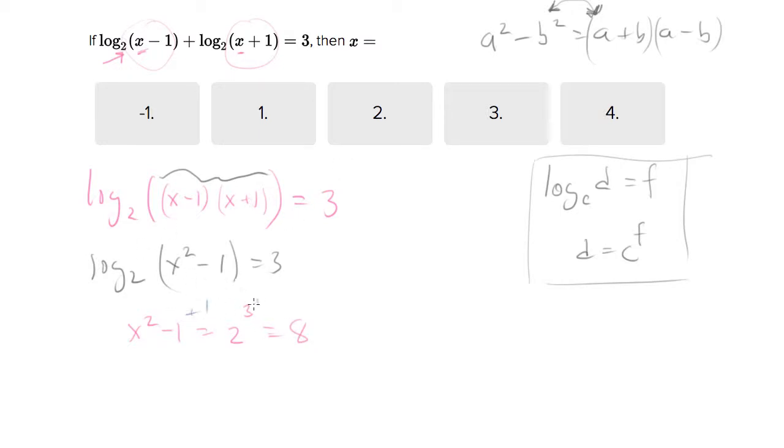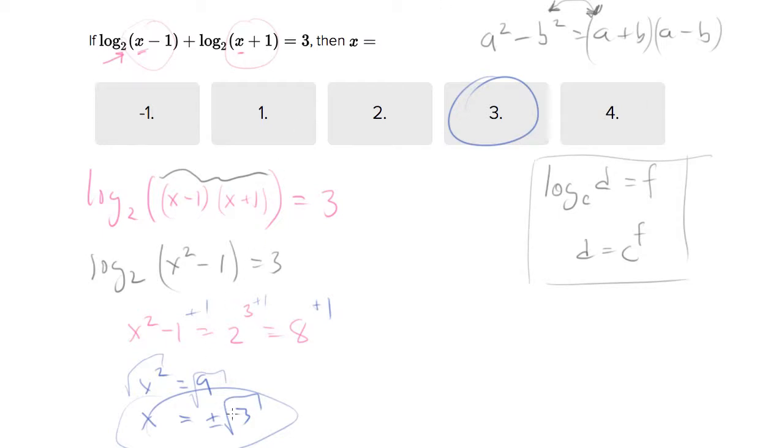Let's add 1 to every side here, and you end up with x squared equals 9. Therefore, x equals, and so we're actually going to take the square root of this. X equals plus or minus 3. These are possible values of x. The only one that you find among the answer choices is 3, so that must be your answer.